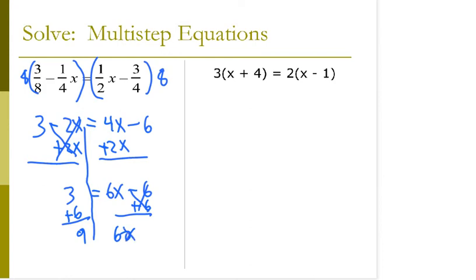Divide both sides by 6, and we end up with x being equivalent to 9 over 6, which we can simplify if we'd like to. Divide by 3 over 3, and we end up with x equals 3 over 2, or 3/2. So 3/2 is our answer.